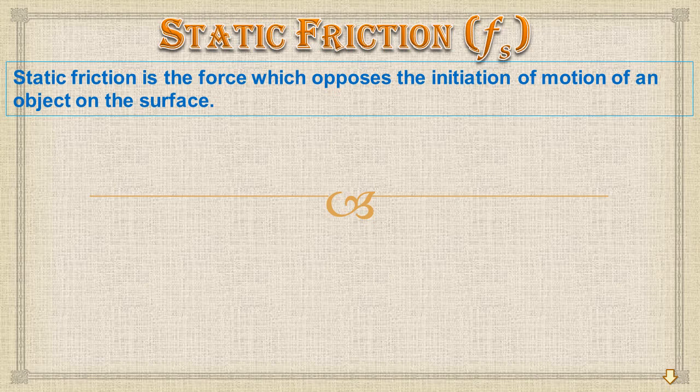When the object is at rest on the surface, only two forces act on it: the downward gravitational force and the upward normal force. Imagine a car at rest in a station. The resultant of these two forces on the object is zero. As a result, the object is at rest.